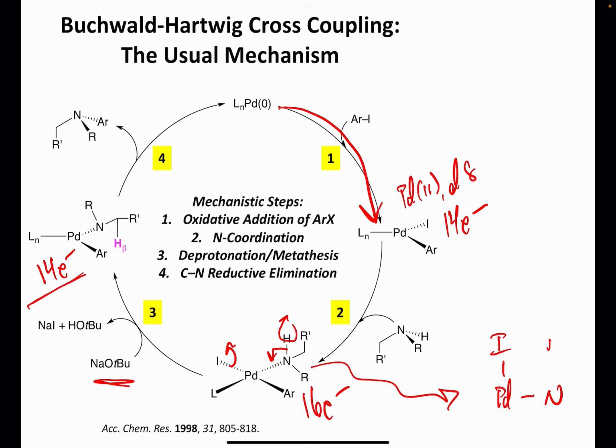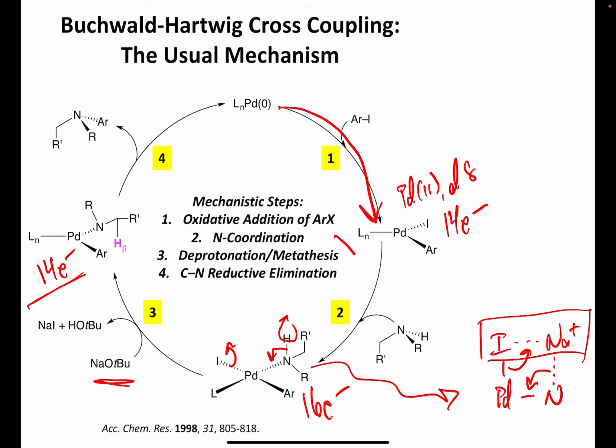Remember that there's a sodium hanging out, and so what we can do is draw a dotted line intermediate. Boom, boom. If you do that, you can see how sodium iodide would be liberated. You now have a new palladium amido, potentially with some double bond character, but you can think of this now as your deprotonation and salt metathesis step.